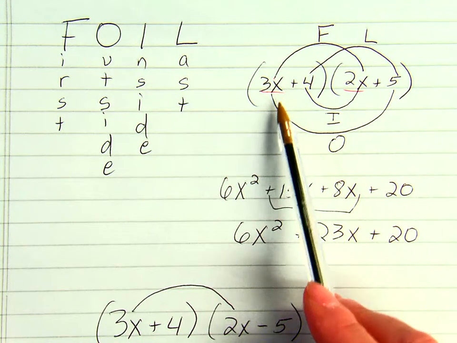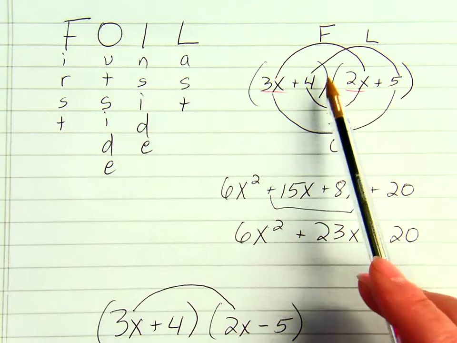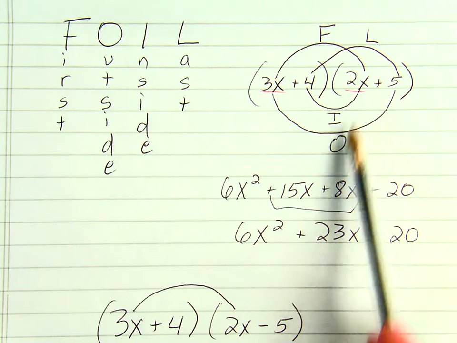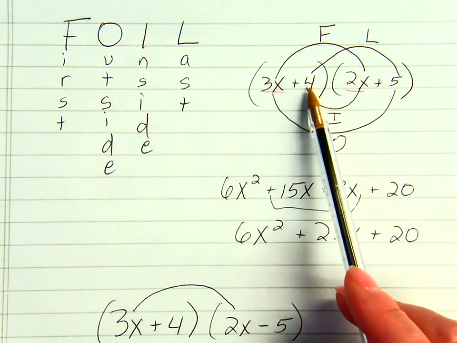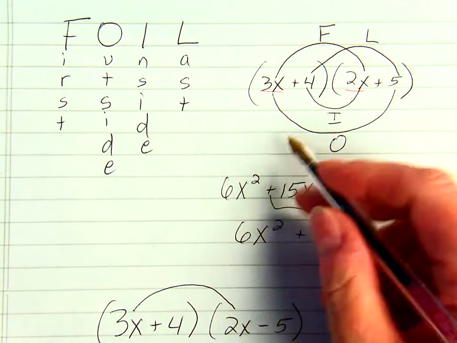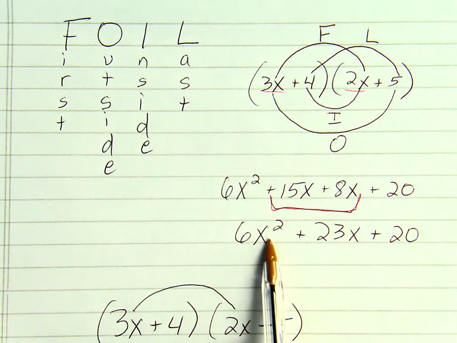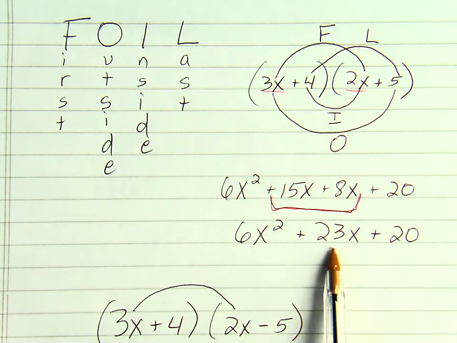Now we do our outside, 3x and 5 is 15x. Our inside, 4 times 2x is 8x. And our last, 4 times 5 is 20. Once again, in this method, we are combining our like terms, giving us 6x squared plus 23x plus 20.